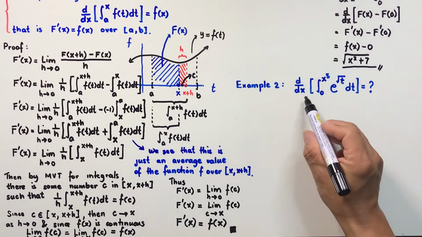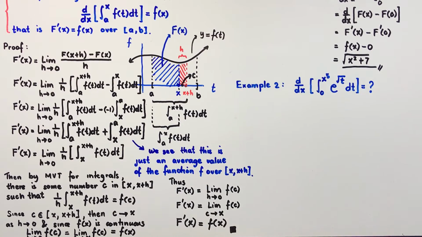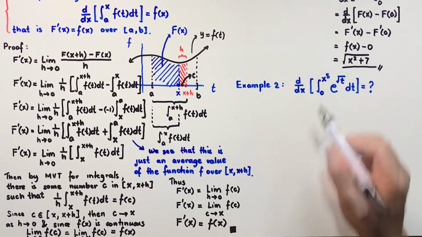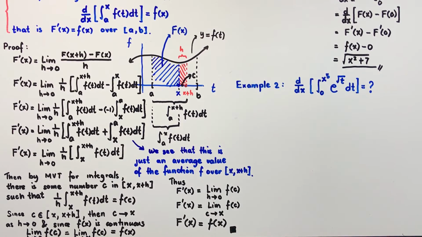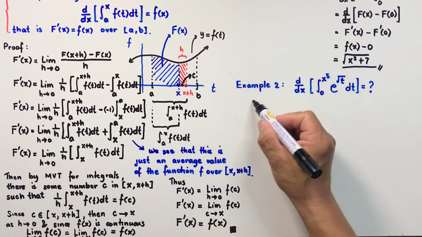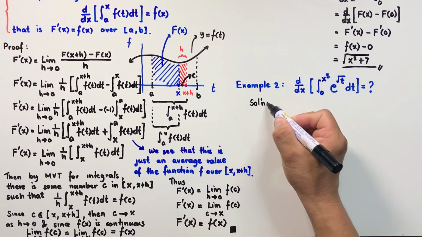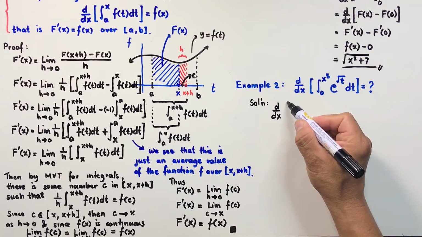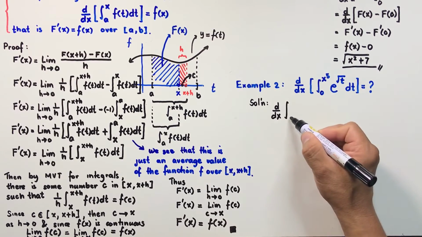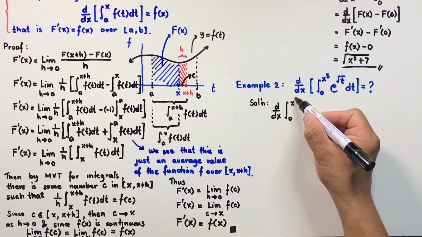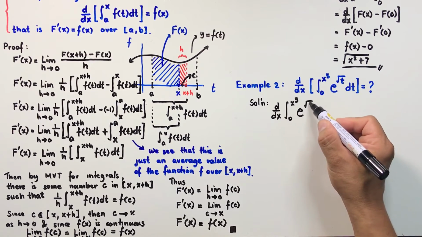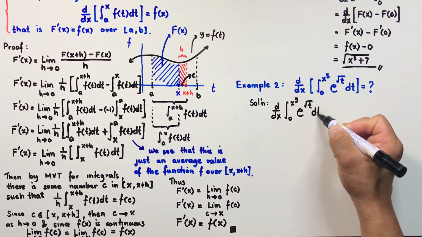So what is the derivative of this integral of e to the power square root of t from 0 to x to the power of 5 dt? So to solve this one, we write here the derivative with respect to x of the integral from 0 to x to the power of 5 of e to the power the square root of t dt.